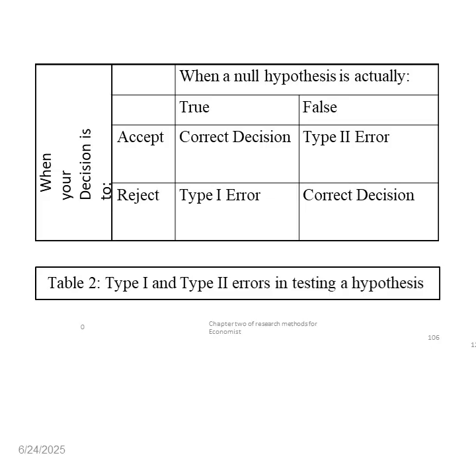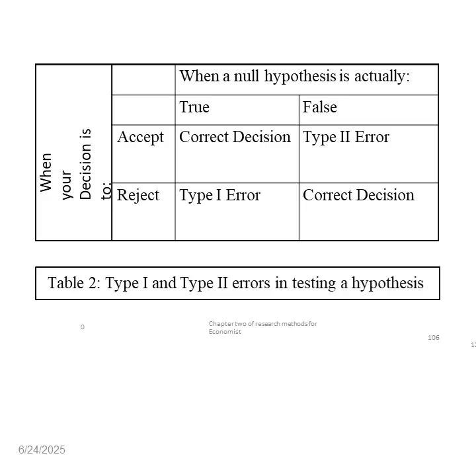We cannot say it is an error. But when the null hypothesis is actually false, but you accept it, this is a type 2 error.